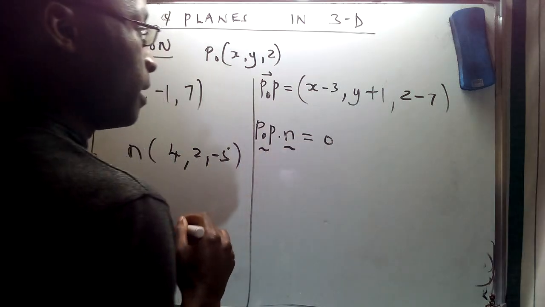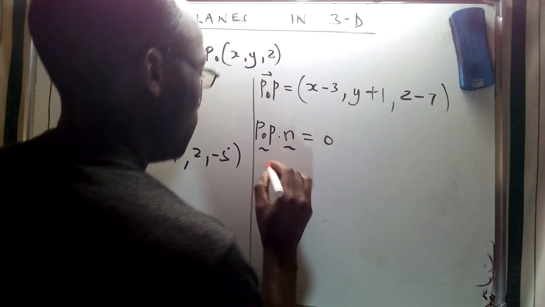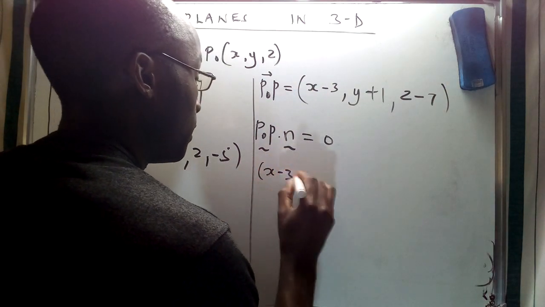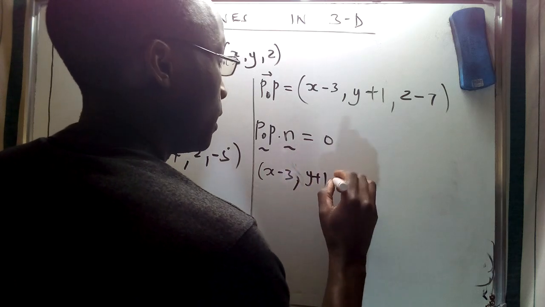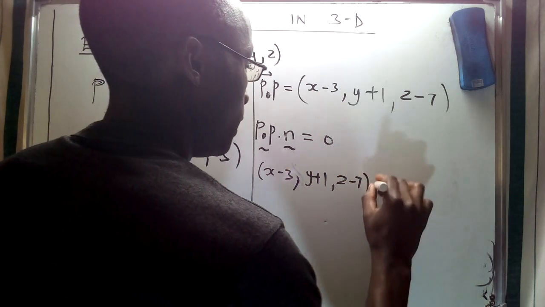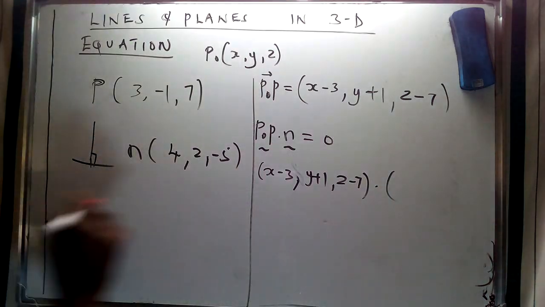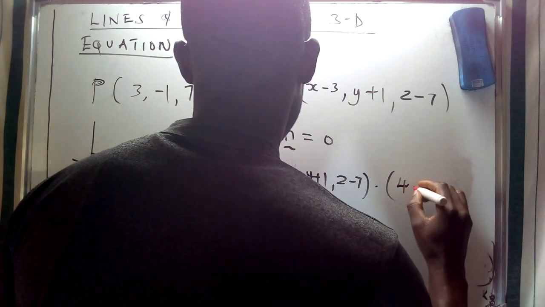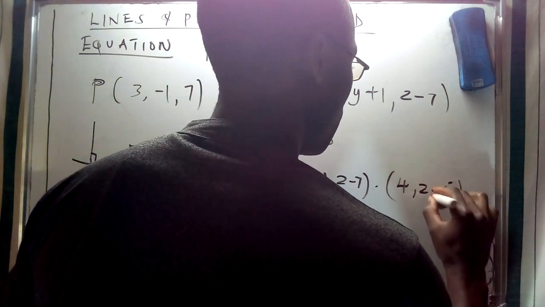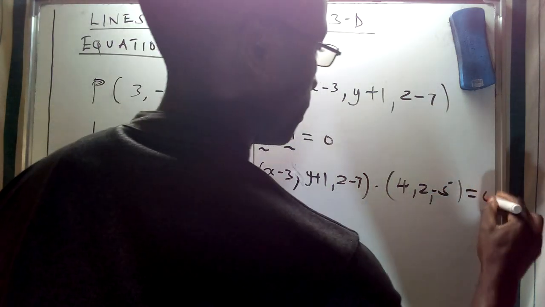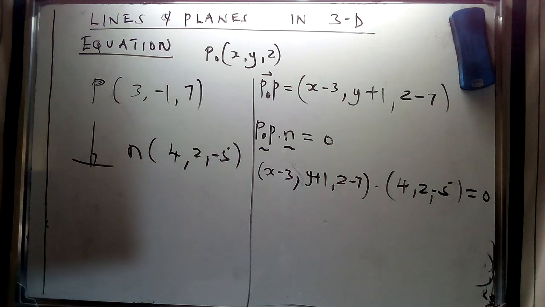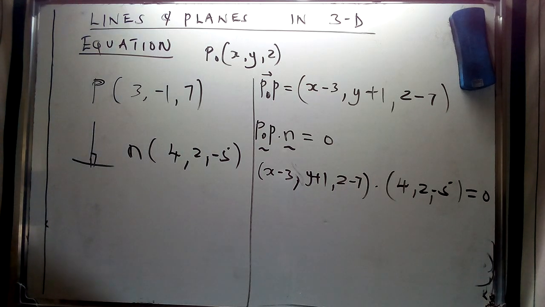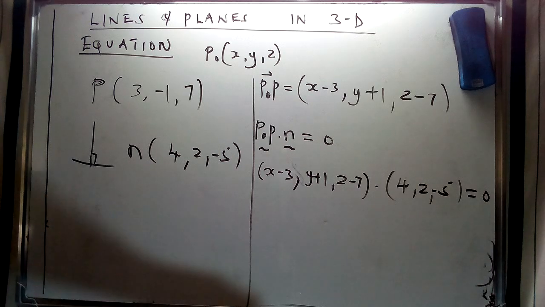These are vectors, so we have x minus 3, y plus 1, and z minus 7 dot the normal 4, 2, -5, which gives us 0. So this gives us what we have referred to as the point-normal form of the equation of that plane.